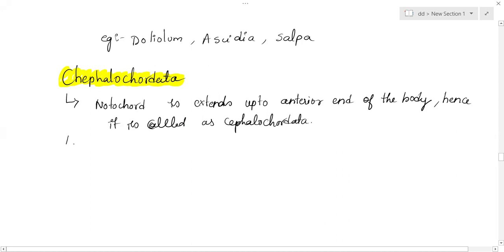Okay. This is one of the key features, and the notochord persists throughout life. It does not stay only during the embryonic development. When it becomes an adult, the notochord also remains as it is. The notochord persists throughout life.